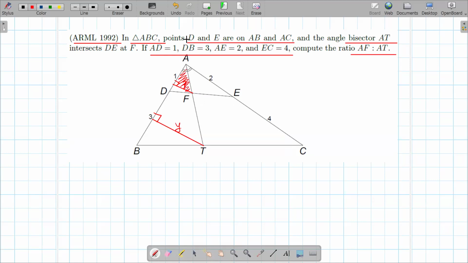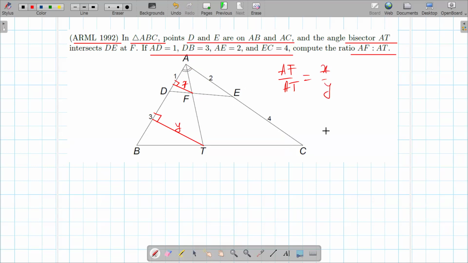Namely, this little triangle here and the bigger triangle here. And then writing the similarity ratio, AF over AT is equal to X over Y, no? Okay.